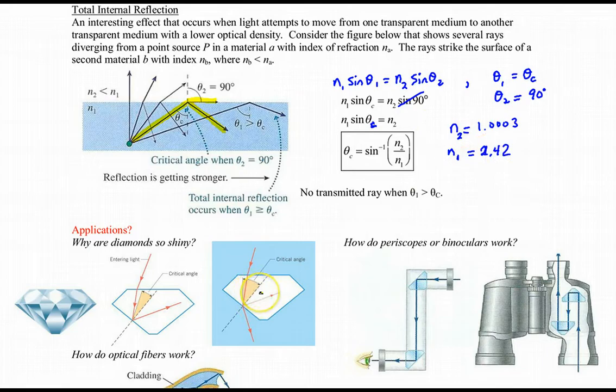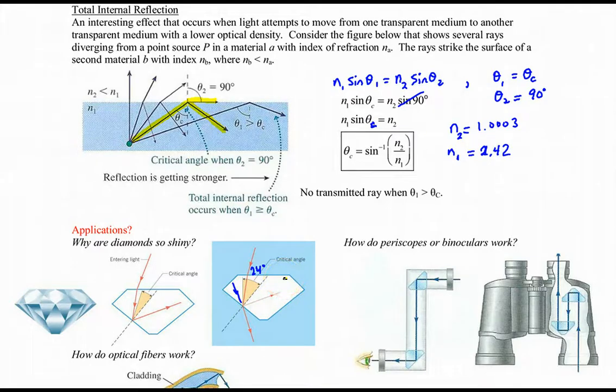That angle in a diamond is 24 degrees, roughly. So it means that when light comes into a diamond, the only way it's going to escape is if the angle that it strikes the surface at is less than 24 degrees. If it hits at an angle that is greater than 24 degrees, it's just going to reflect internally.